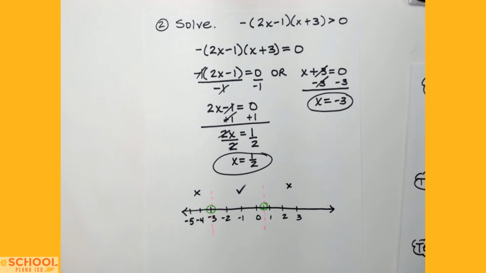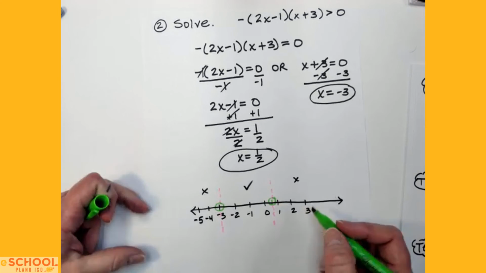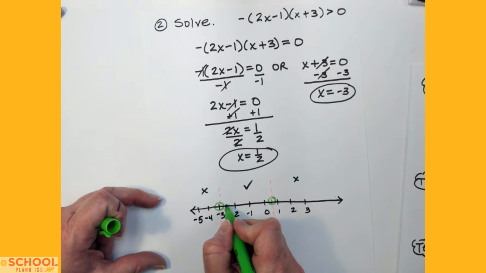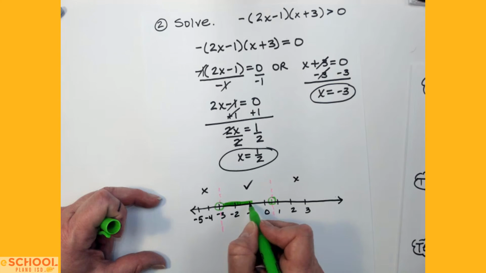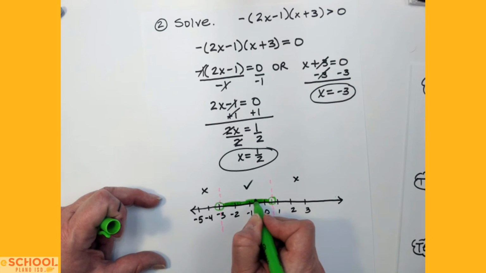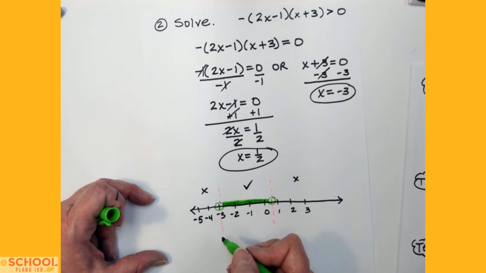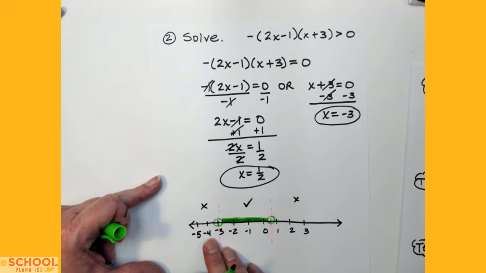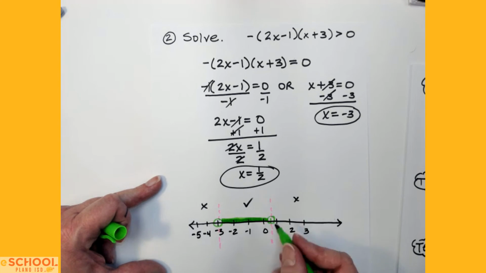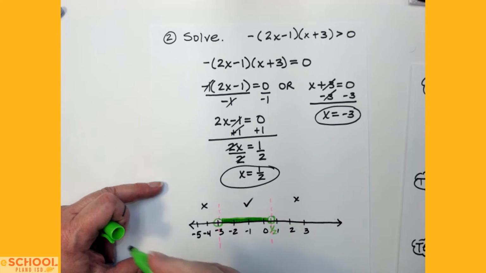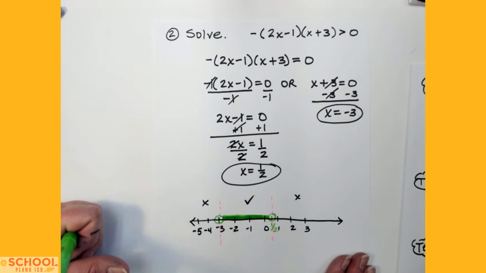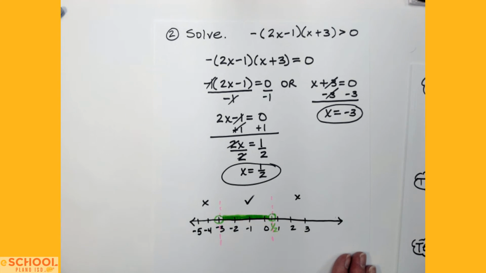So going back to my number line, I see that the only interval that has values that will make my inequality true are the ones that are between negative 3 and 1/2. Now I'm shading all those values, but I cannot shade negative 3 or 1/2 because my inequality is simply greater than. It's not greater than or equal to.